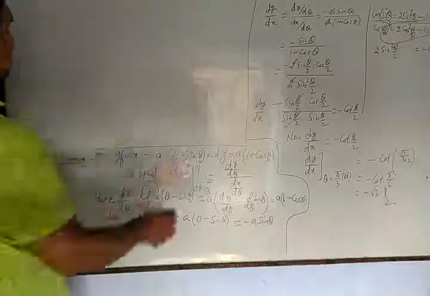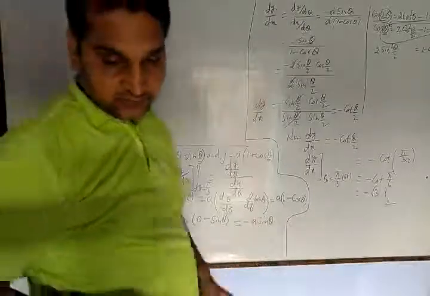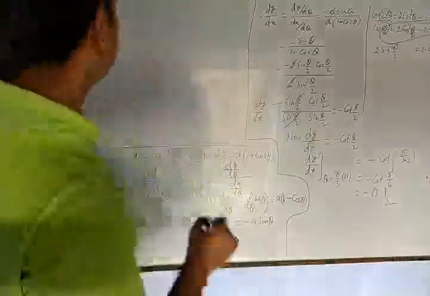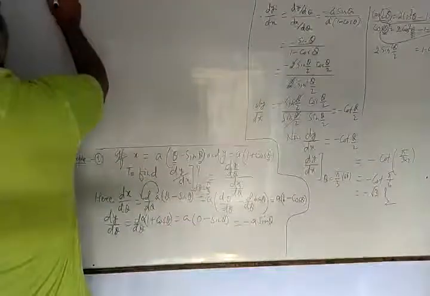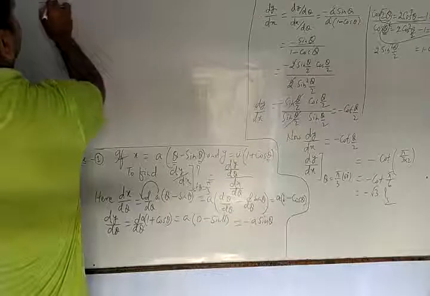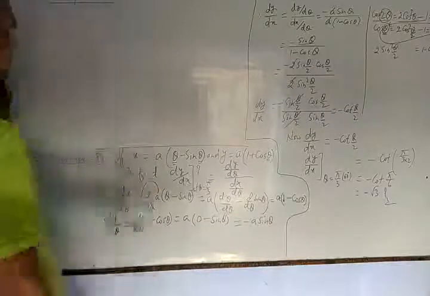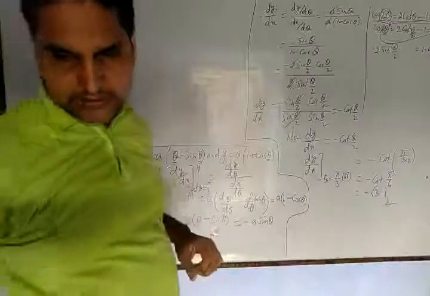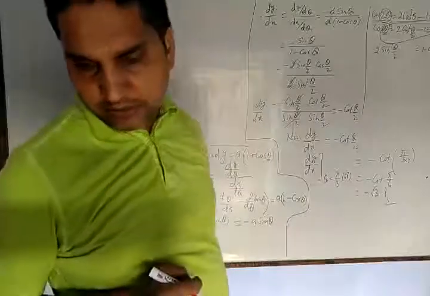One question is there, that find dy by dx if, example number 2. Actually I am taking questions from the exercise, but I am taking it as an example, okay.